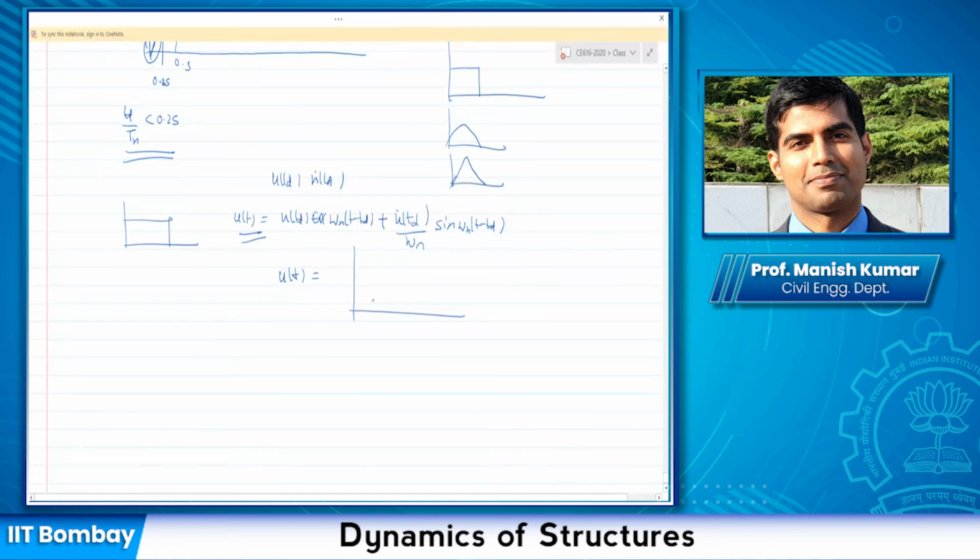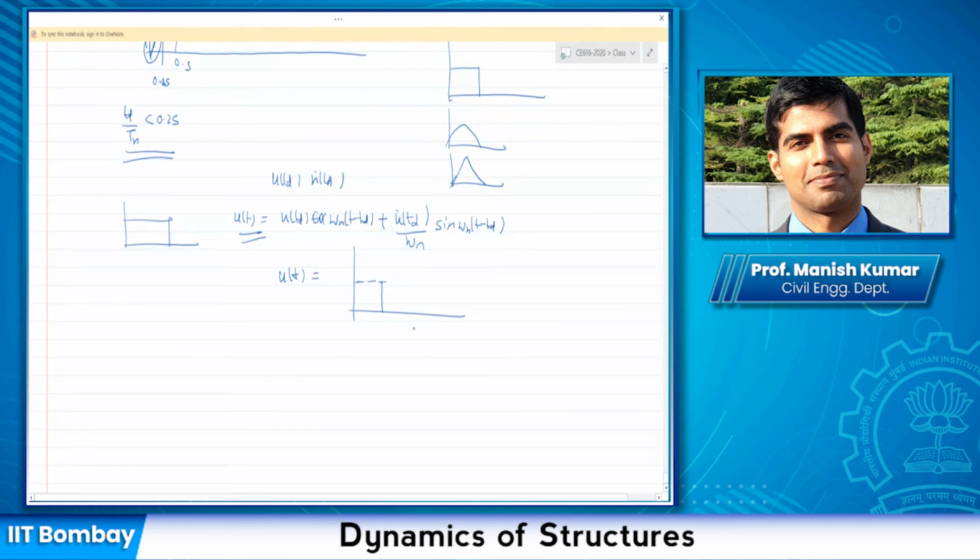You will get something like, let us say this is static, so it would look initially something like this, and then it would come like this. Now maybe this is not a correct representation, because for short pulses it would look like something like this. The peak response would occur after the forced vibration phase.